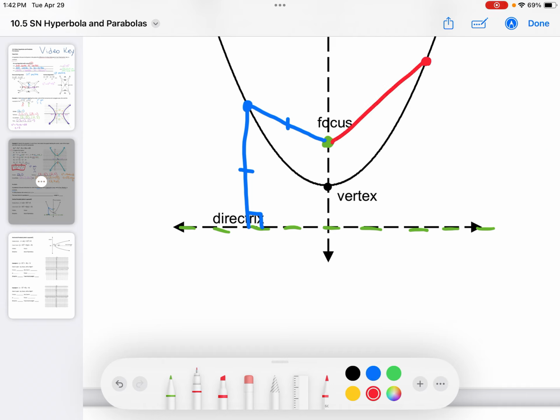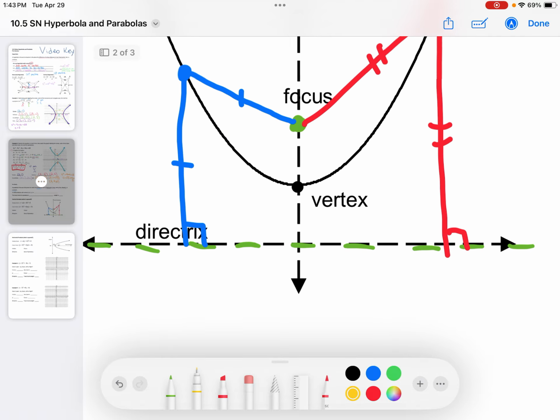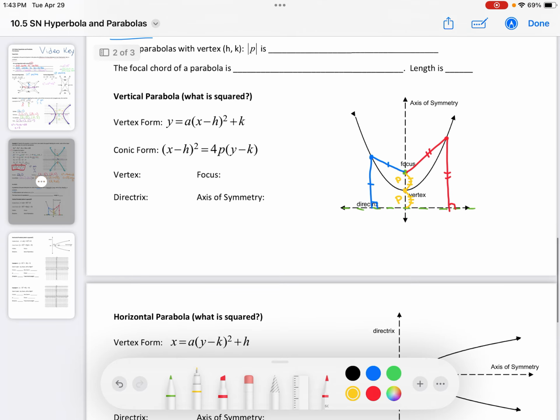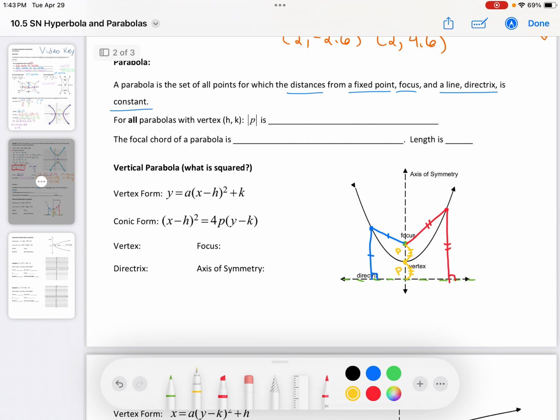Okay, same thing at any point on the parabola, the distance to the focus and the distance perpendicular to the line are going to be the same. It also works here in the middle from the vertex to the focus and the vertex to that directrix. Those are congruent pieces as well. And that length is p. And that p factors into our equation here in just a minute.